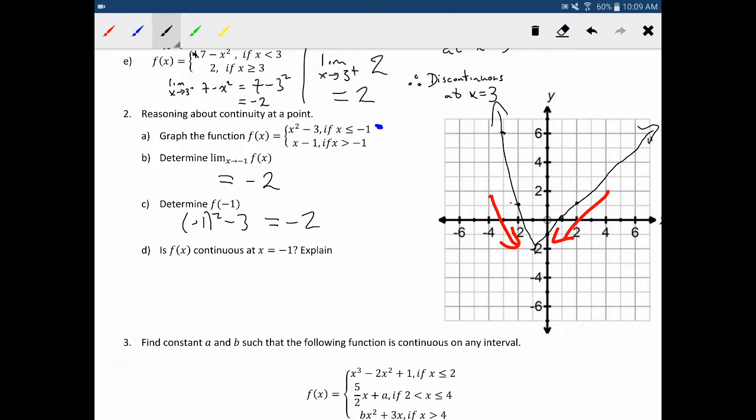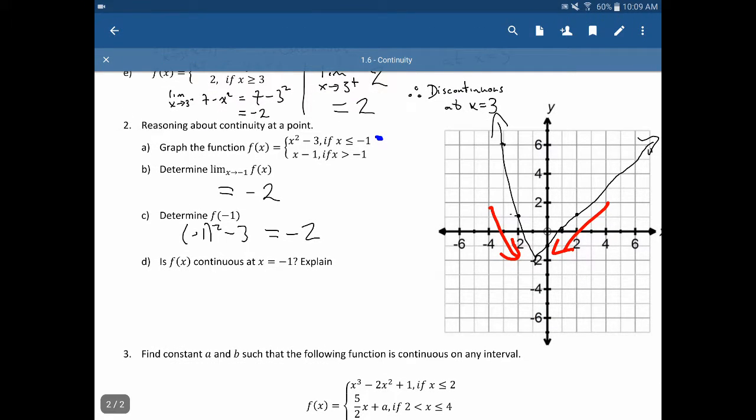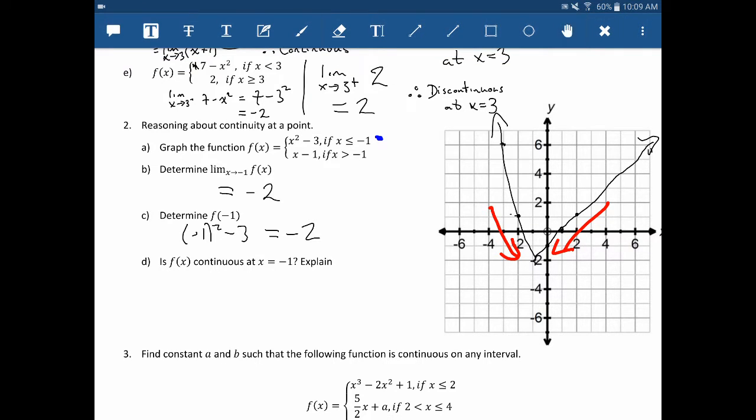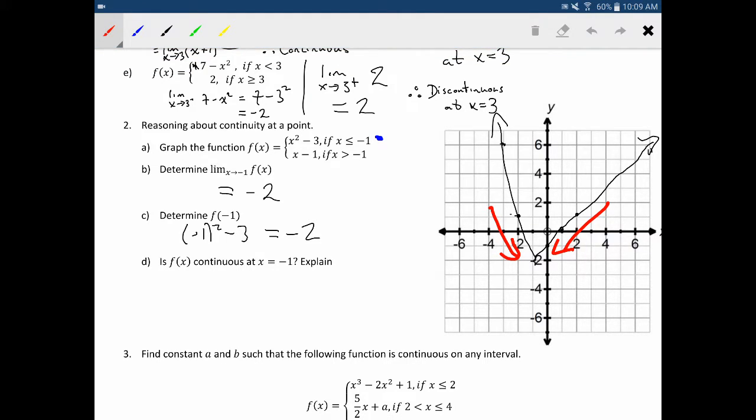We could have just looked at the graph and seen that. I did not mean to switch to red there. Whatever. The answer to part B is equal to the answer to part C, so therefore this is continuous.